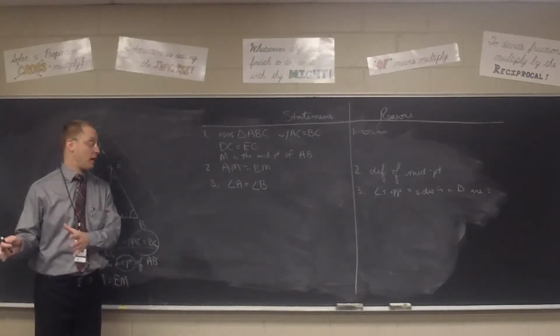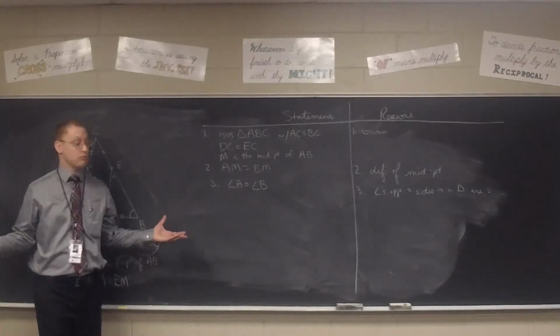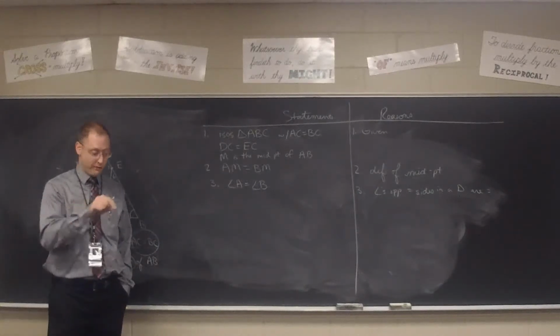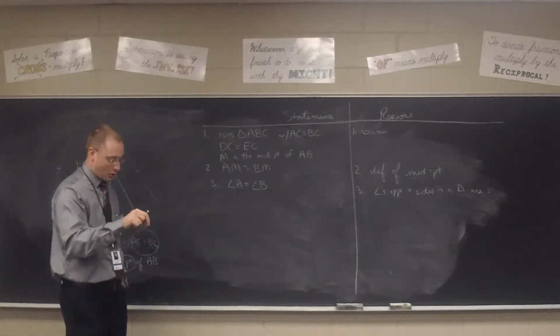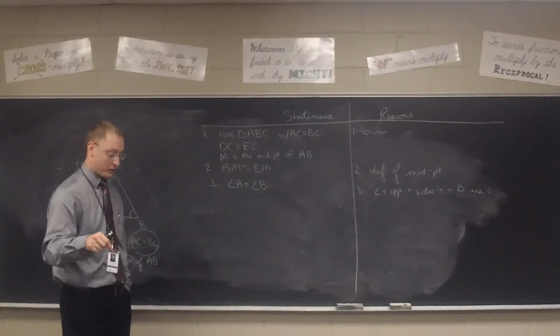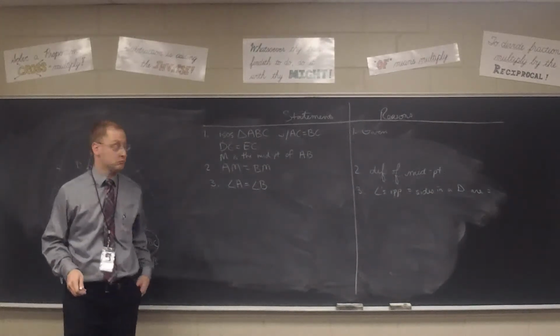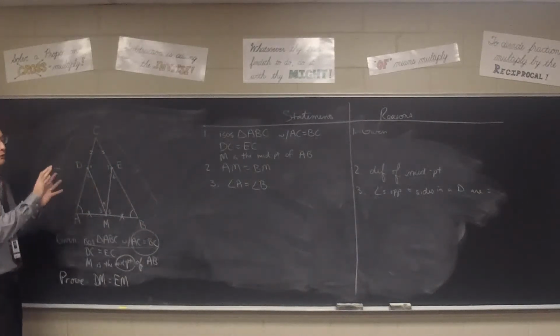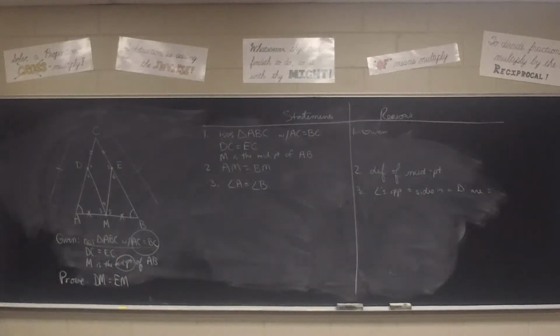If she wrote that, I would take it. Because it's true. It's not a lazy man's version of true, but it's true, isn't it? If I got a triangle, and in that triangle I know that two sides are equal to each other, then the angles that are across from those equal sides have to be equal to each other also. Write all that. Good. I'm too lazy to write all that, but you're fine if you write it. So again, word for word doesn't per se matter here as much.